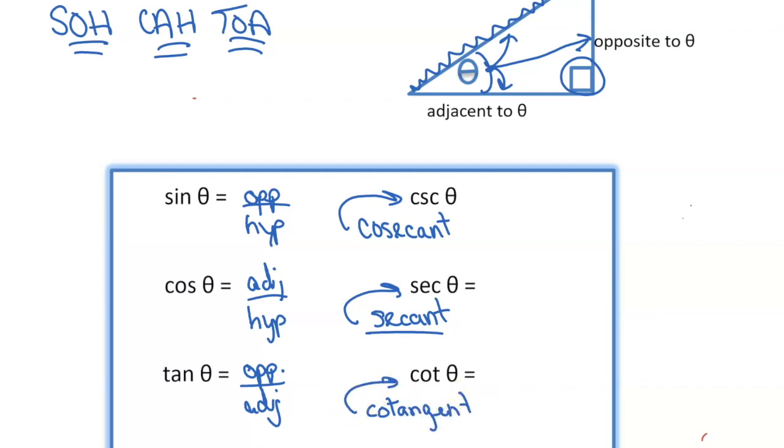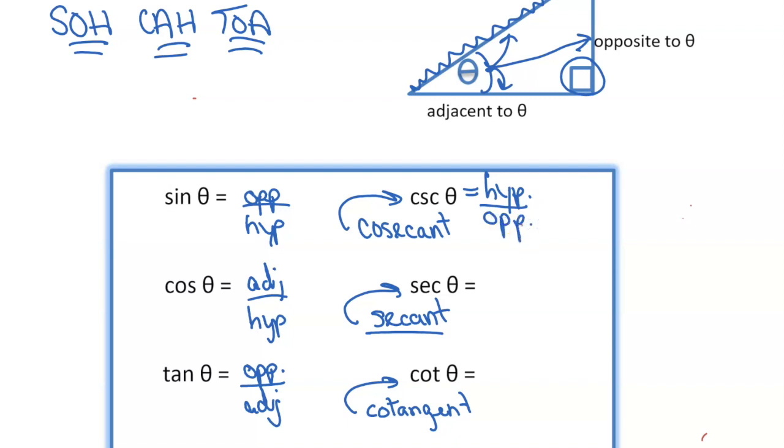Okay, now these are the reciprocals, I call them the cousins sometimes, of sine, cosine, and tan. So if sine's reciprocal is cosecant and sine is opposite over hypotenuse, then cosecant is going to be, you got it right, hypotenuse over opposite.